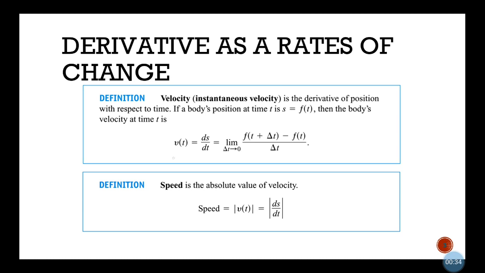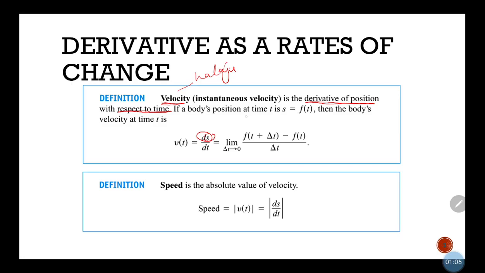Here the derivative is used to signify the rate of change. Velocity, in Bahasa Melayu, is halaju. This velocity is also the derivative of position with respect to time. Position is s.